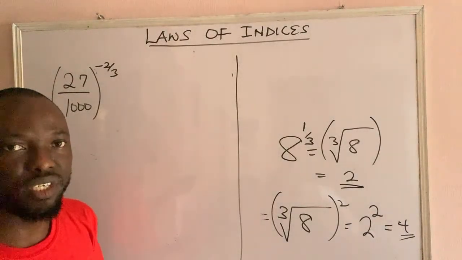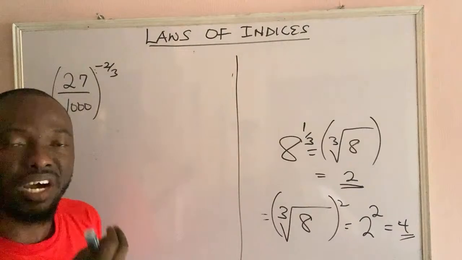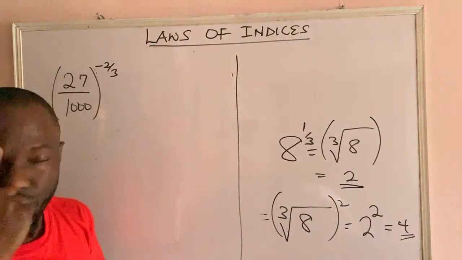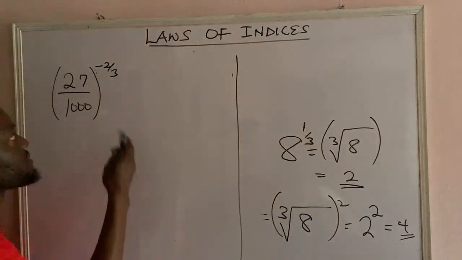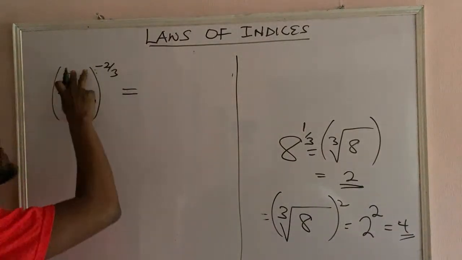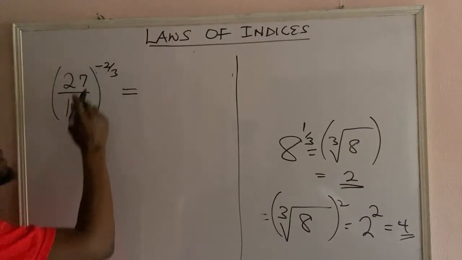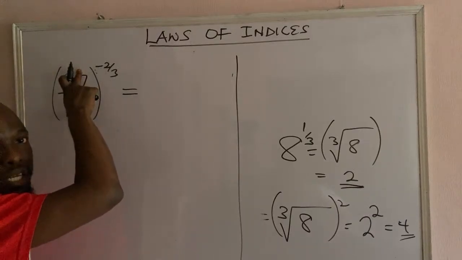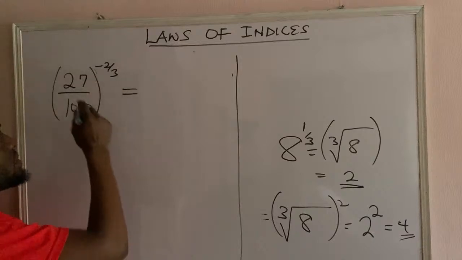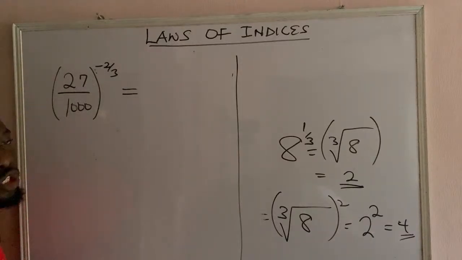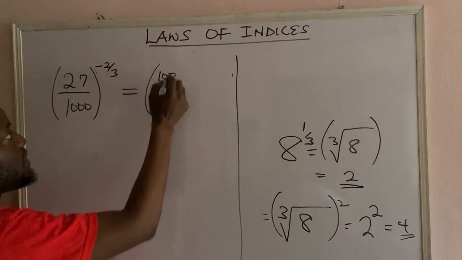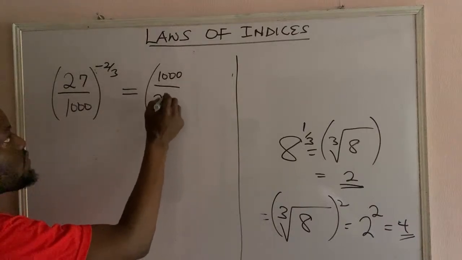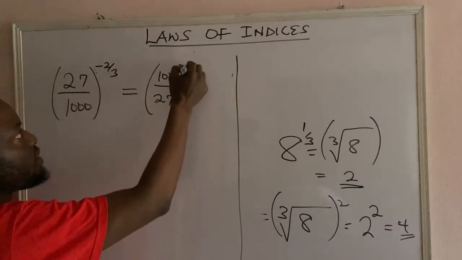The first condition is when you have the whole number base, and the second condition is when you have the fractional base. In this question, we have the fractional base. So because we have the fractional base, the fraction will become the inverse. In other words, it will flip to 1000 over 27, and the negative sign disappears. So we've been able to deal with that. Our new expression will be 1000 over 27 to the power of 2/3.